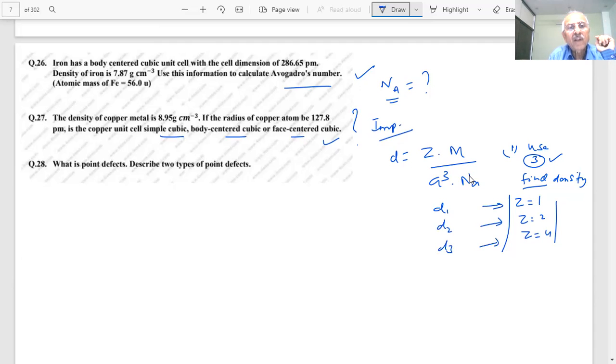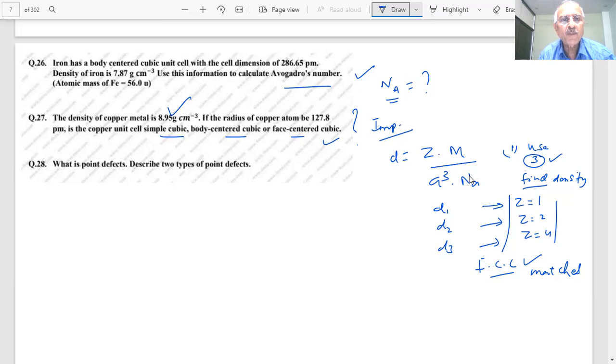What matches with this value? FCC matches. Questions could be put in a different way. Try to understand my point. Same thing, and they will ask you in a slightly different way.